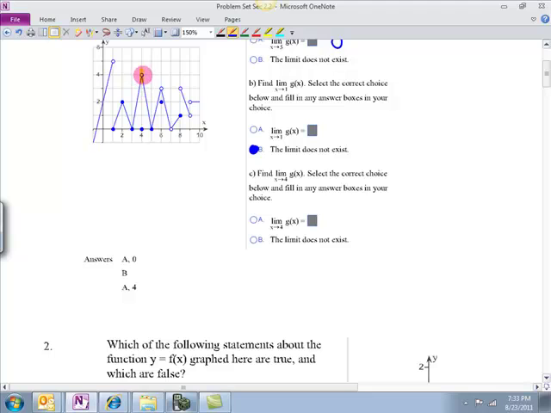From the right you come in and end up there. So the limit as x approaches 4 is 4. What about this little guy down here? If I said what is f of 4, then you'd have 0. So f of 4 means where is it defined? That would be 0. But the limit as we approach 4 is up here. Okay? That makes sense?